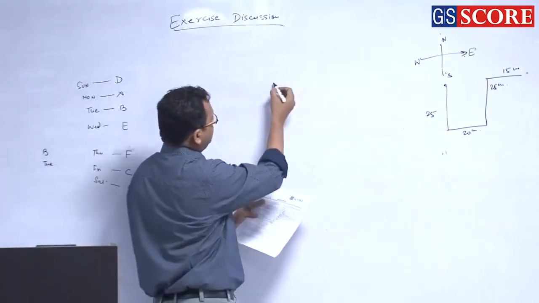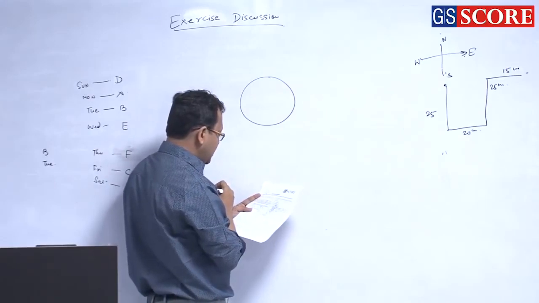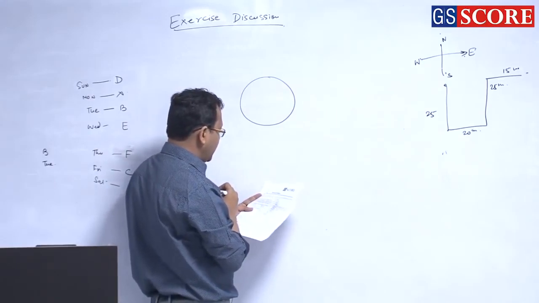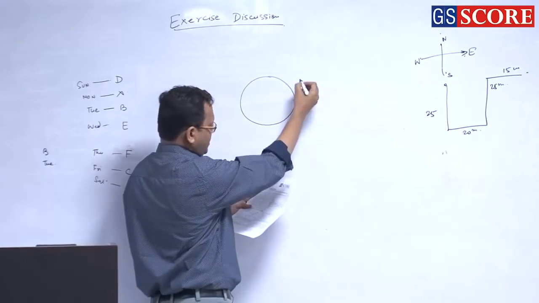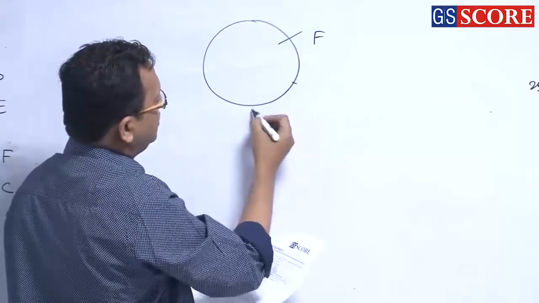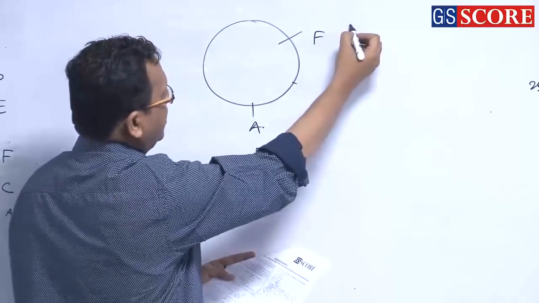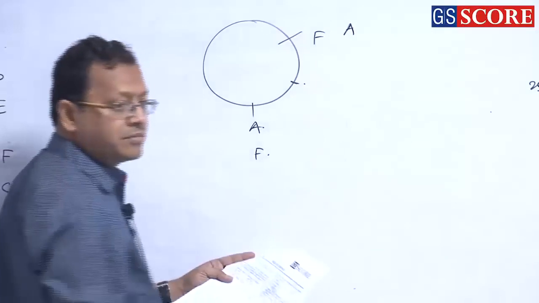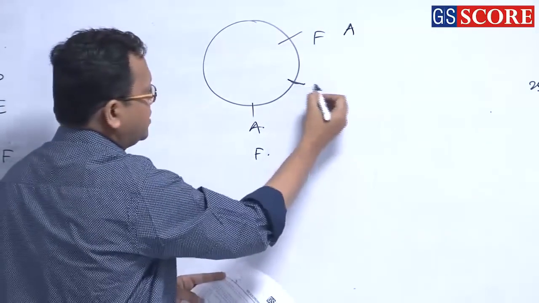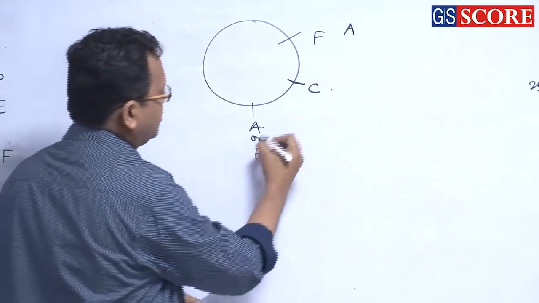So here you can see C is sitting exactly between A and F. So it can be F, C, A or A, C, F. This can be possible. You can mark anything, A or F, F or A.